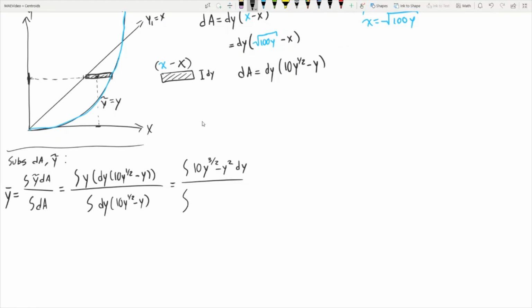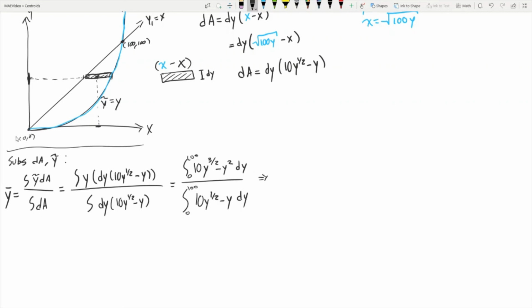The denominator, 10y to the 1/2 minus y dy. And similarly to the other example, for our limits, we know this is going from 0,0 to 100,100. So our y distance is going to go from 0 to 100. So those are our limits right there.